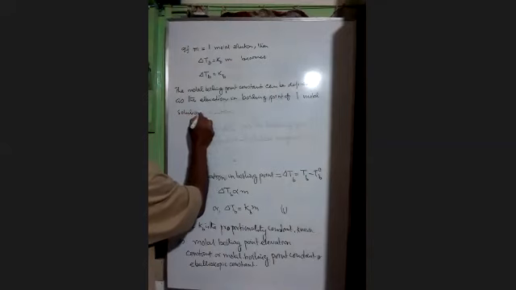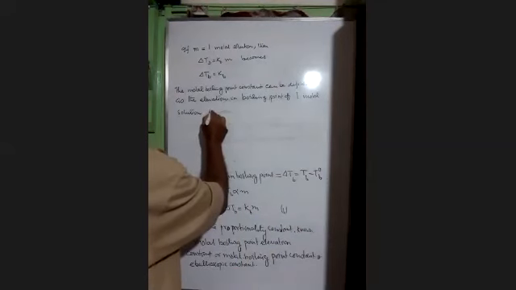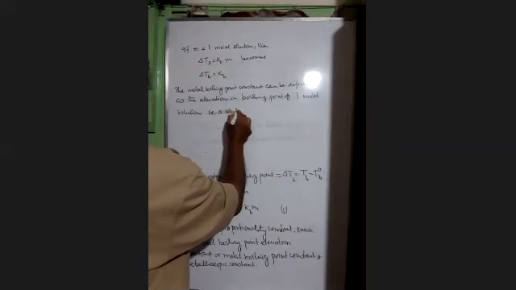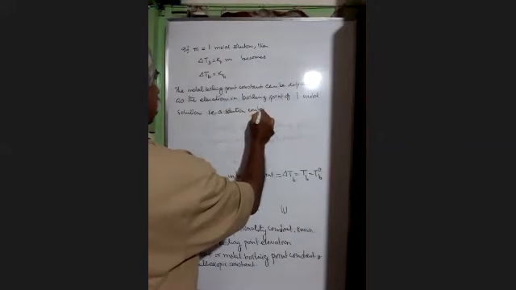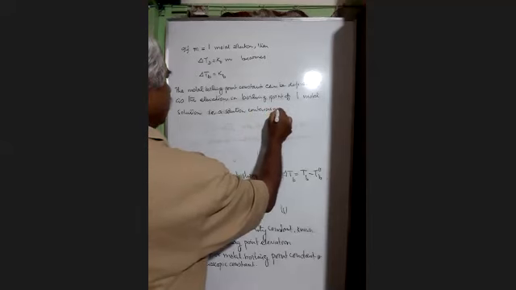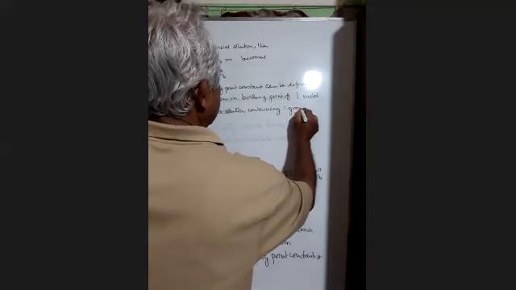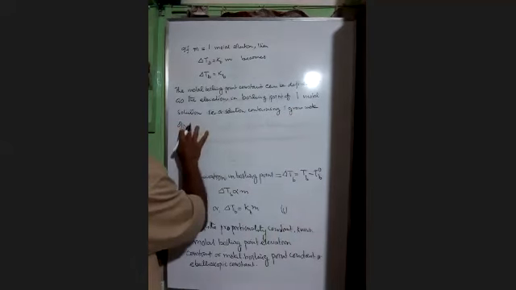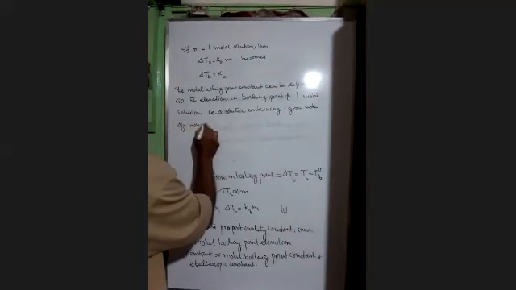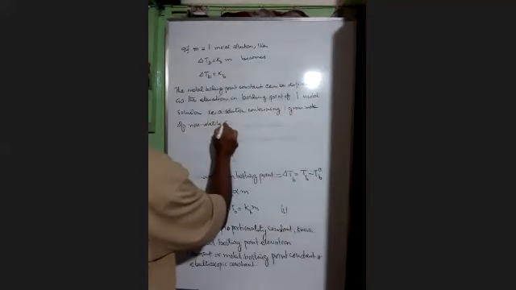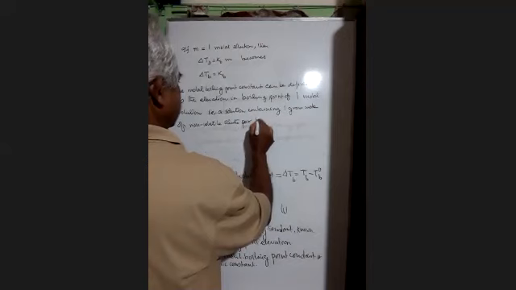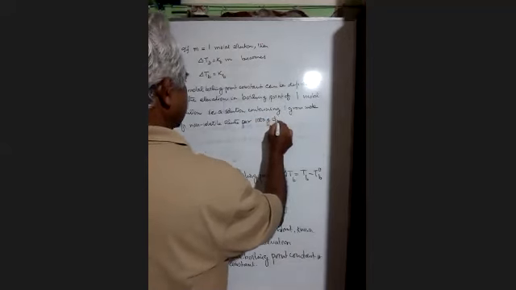Now what is 1 molal solution? That is a solution containing 1 gram mole of non-volatile solute per 1,000 gram of solvent.